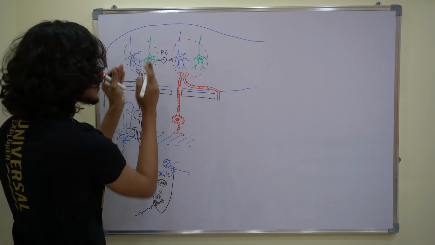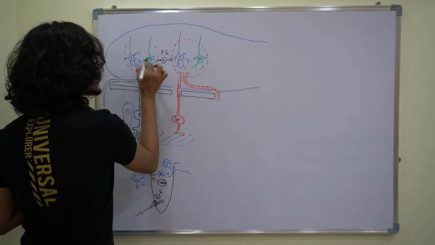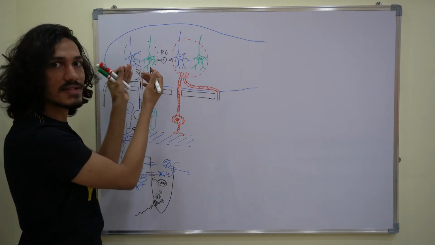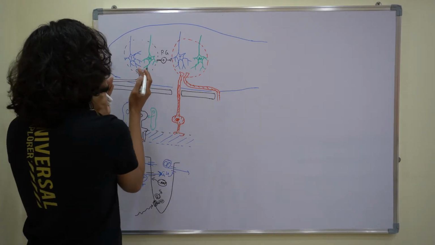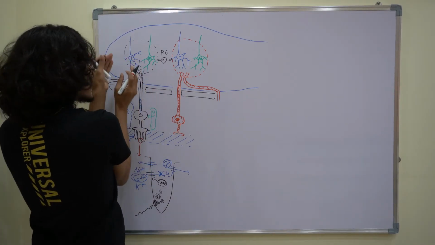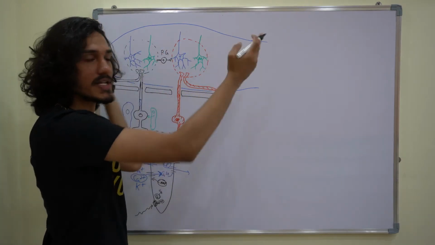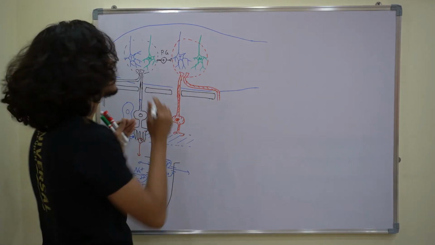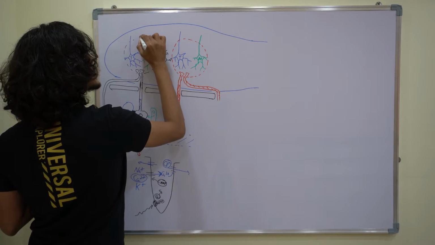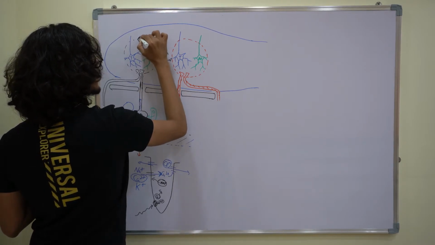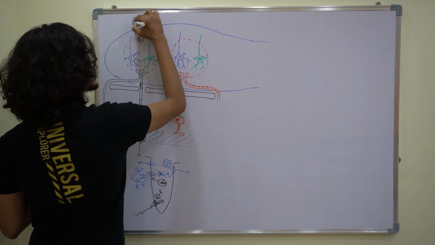Understood? Also, between mitral and tufted cells, you can see the dendrites, how close they are. So we need to make sure that stimulation of one particular thing does not end up spreading throughout and stimulating each other. That is why we have another set of neurons, the granule cells.